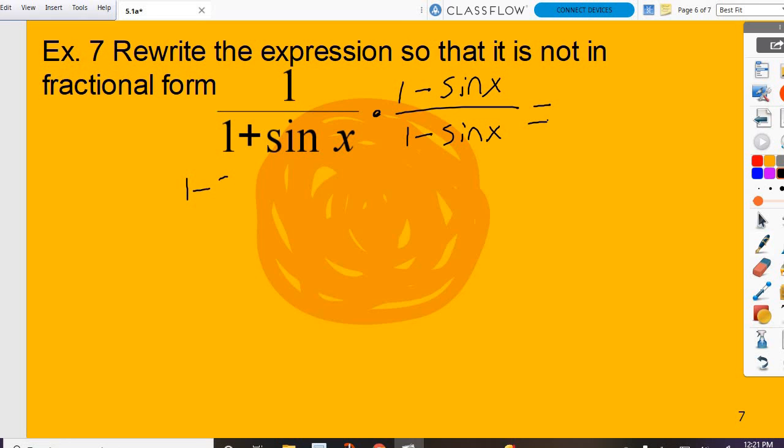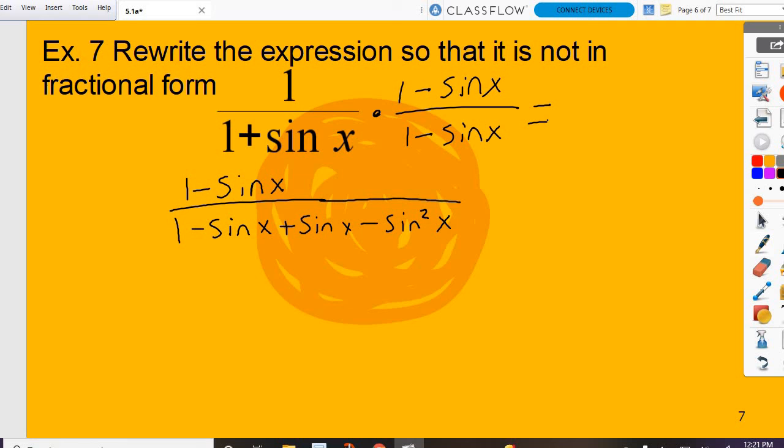Because now, notice, when we multiply, it just gives us a square. Correct. So 1 times 1 gives us 1. 1 times a negative sine is still negative sine, but now we get a positive sine. So now when we add those together, what are we going to get? 0.